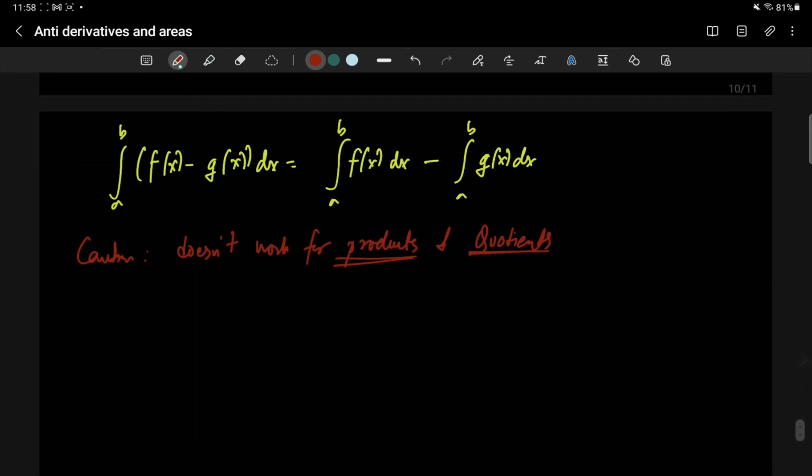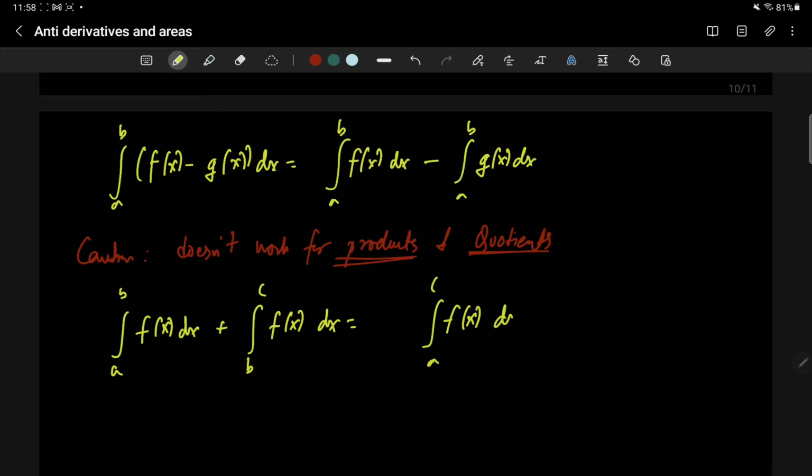And then the last one, which also follows from saying that it's about areas, is the integral from a to b of f of x dx plus the integral from b to c of f of x dx equals the integral from a to c of f of x dx.